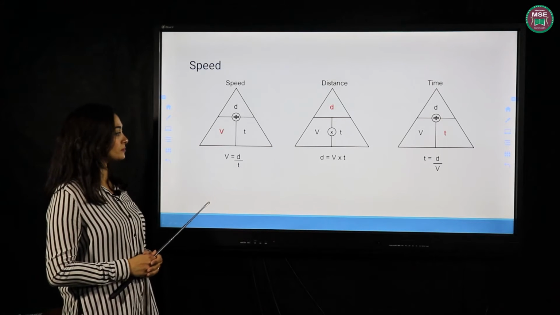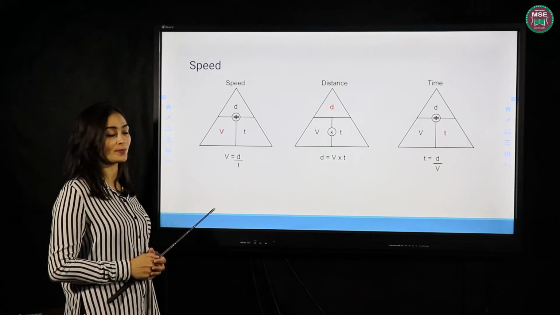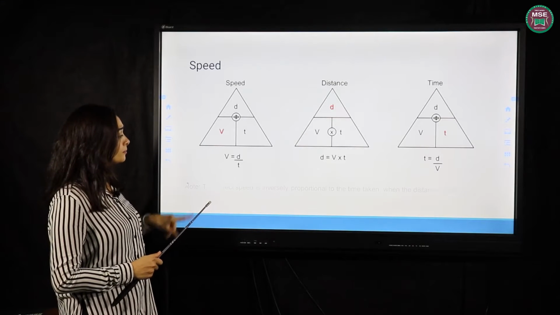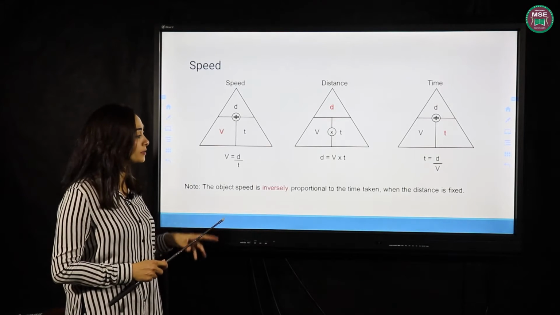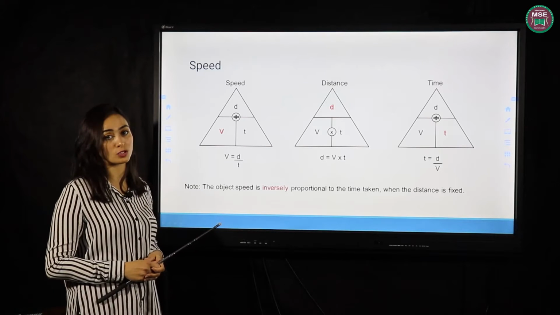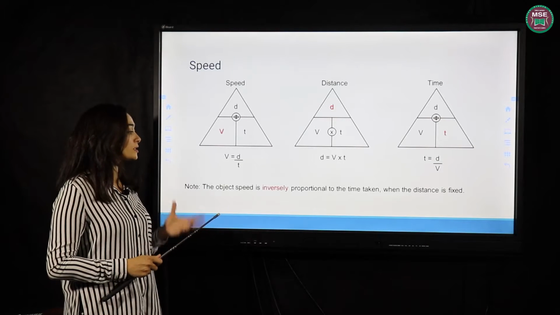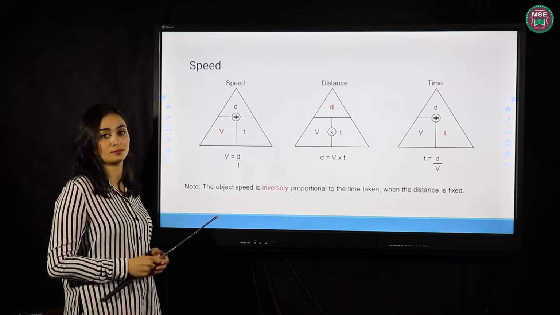From this rule, can you tell me the relation between speed and time? Yes, speed is inversely proportional to the time taken when the distance is fixed. Here we have a give-reason question. Why does speed increase by decreasing time?